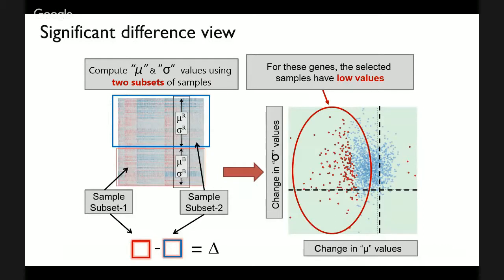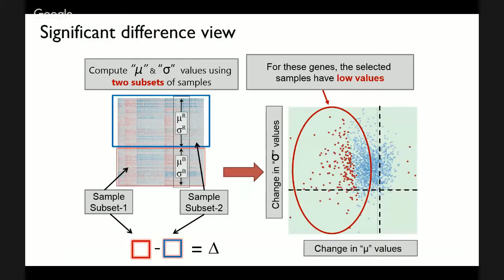So we used what we call the significance difference view. In order to generate that, assume that we have a subset of patients, in this case a block of patients, and we have two subsets, a blue subset of patients and a red subset of patients.